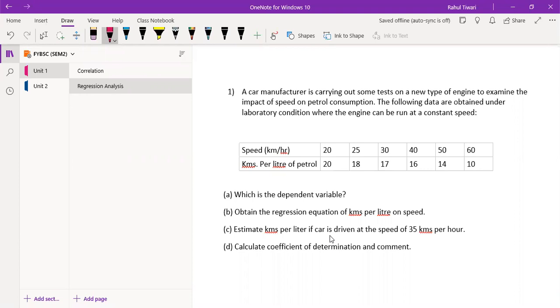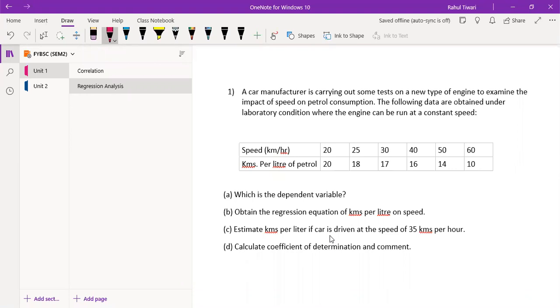So what could be the impact of my speed, and how much petrol is consumed if I increase the speed? The following data are obtained under this condition. So when this is the speed in kilometers per hour, then the kilometers per liter of petrol will be this much.